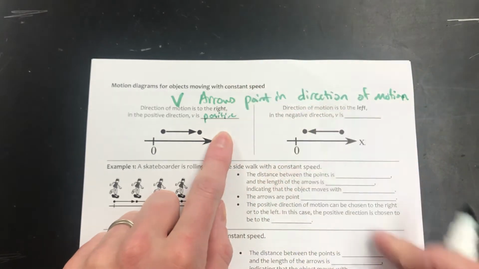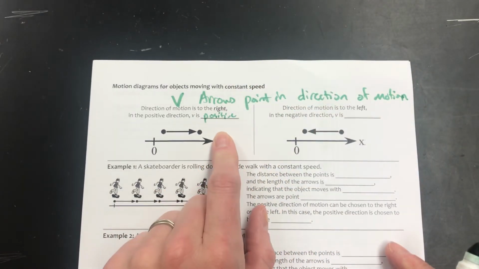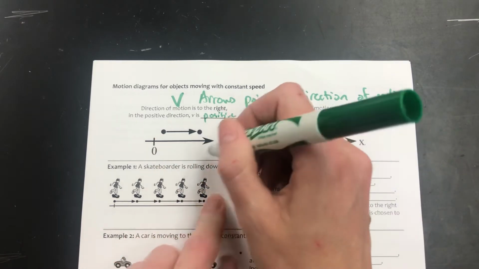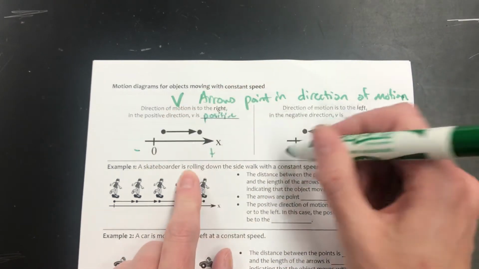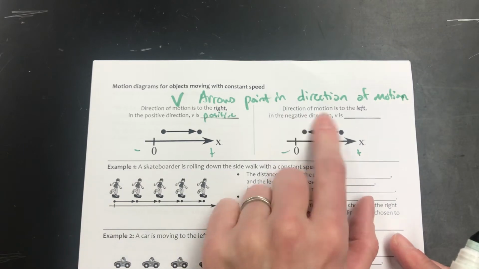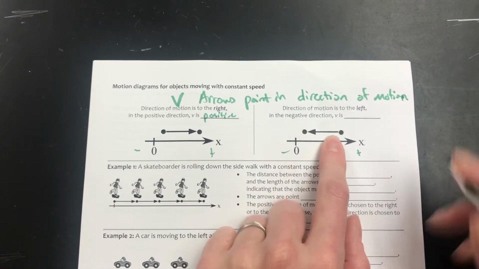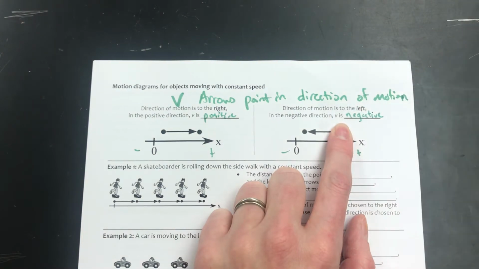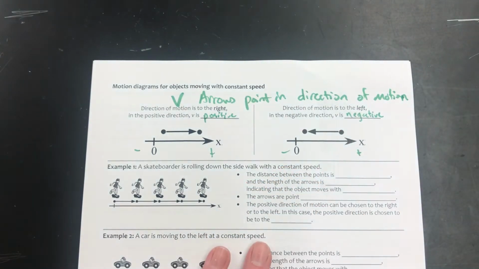So if you read a description of motion and it says that your object is going in the positive direction, then your arrow needs to point toward the positive. Negatives are on the other side of 0, positives over here. If your arrow is pointing in the other direction, that means that v is negative. Your speed is in the negative direction. Your object is moving in the negative direction.